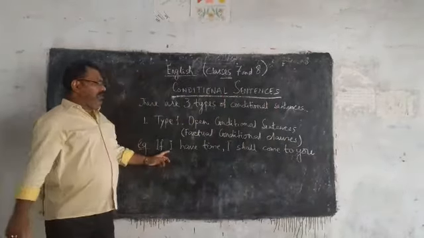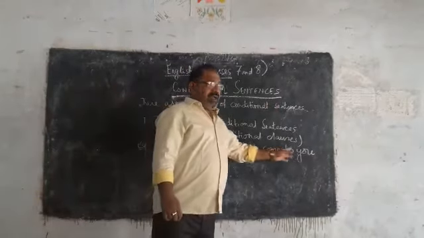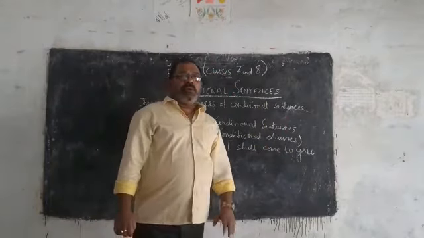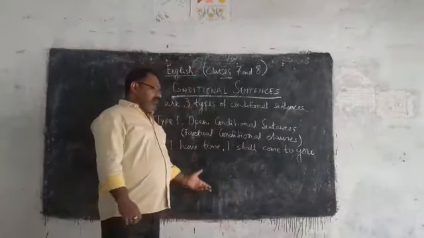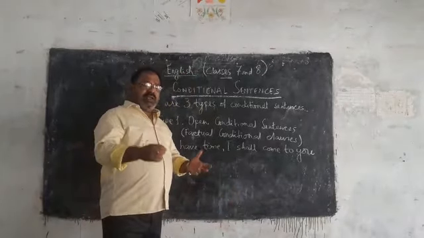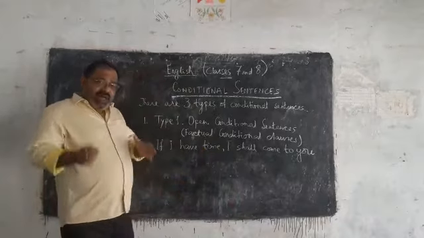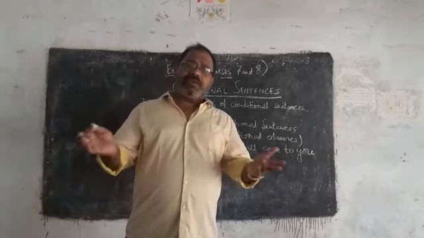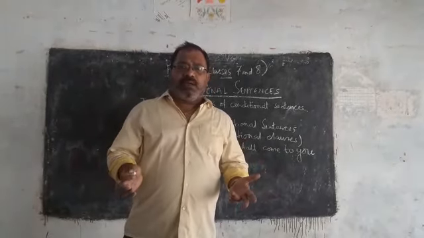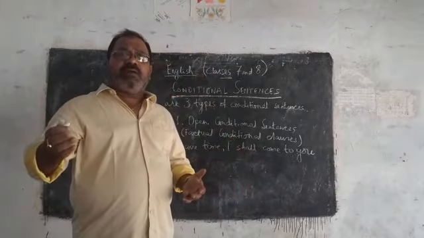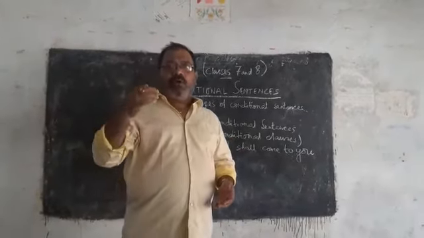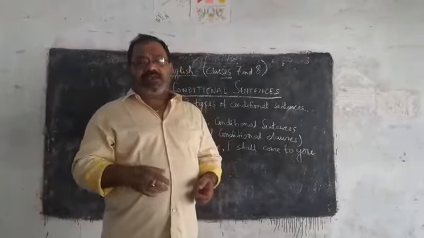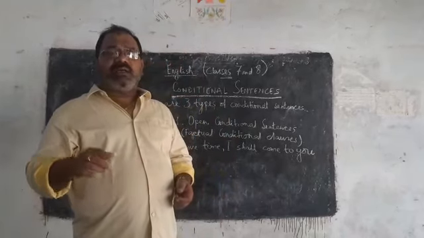It is an open choice. Perhaps I will come if I have got time, and perhaps I may not come if I don't have time. An open choice is given for future conditions. In the next class, I'll move on to the other portions.